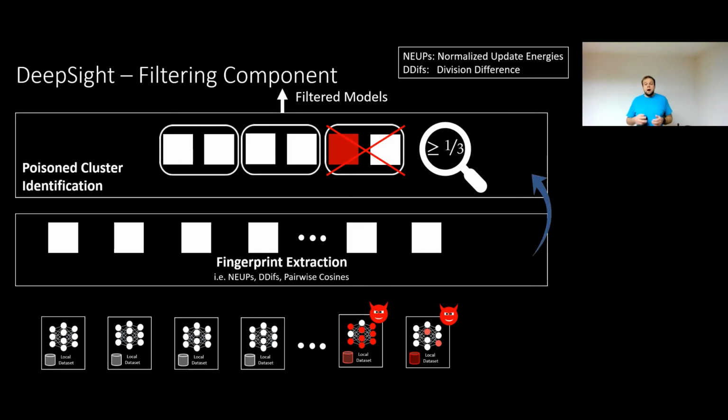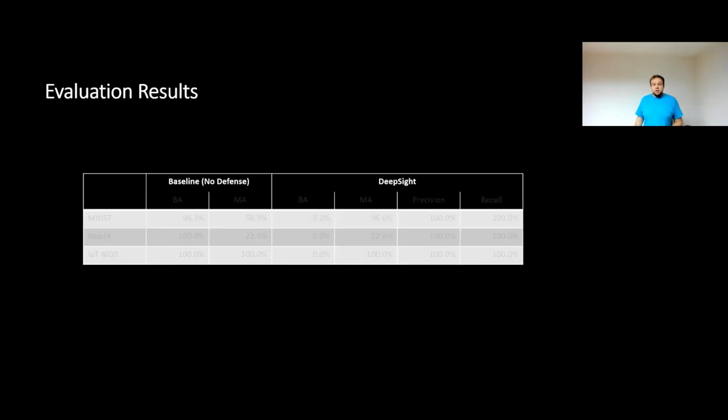Let's now look at how DeepSight actually performs. Here we have a comparison of DeepSight with a baseline without any defense. For this, we calculated the Backdoor accuracy, therefore the accuracy on a test set containing only samples for the Backdoor behavior. And secondly, we also calculate the accuracy on the benign main task. To check how well it distinguishes benign and poisoned models, we calculate precision and recall.